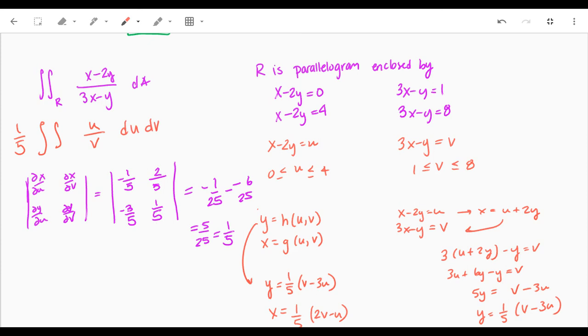And u is between 0 and 4, and v is between 1 and 8. I will leave that integrating to you because I know you can do it. You should get 8/5 the natural log of 8. It's a really straightforward integral, and it's even separable if you want to do it that way.